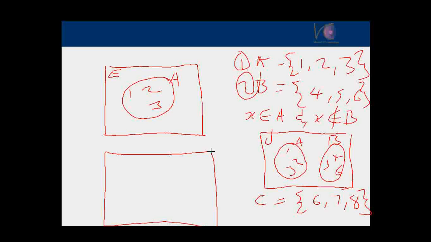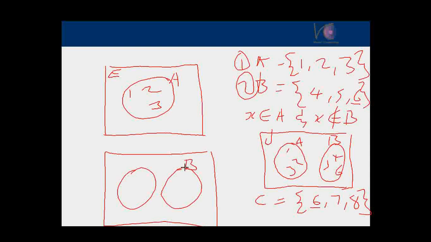So you have set A, you have set B, but now take note that in set B we have the element 6, and in set C we have the element 6. So meaning this 6 is appearing in both set B and set C, meaning it's going to be an intersection.